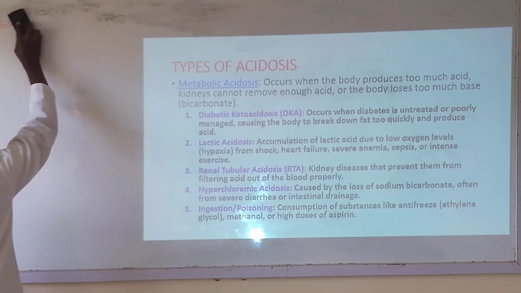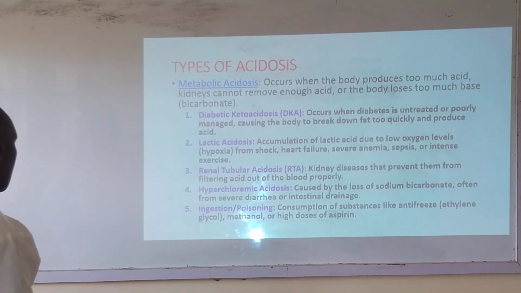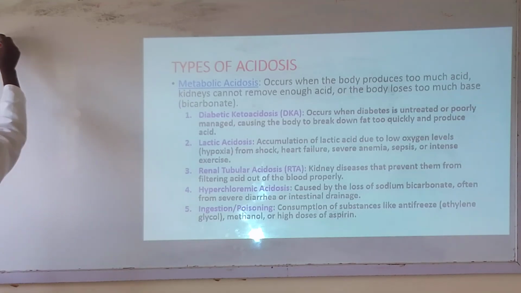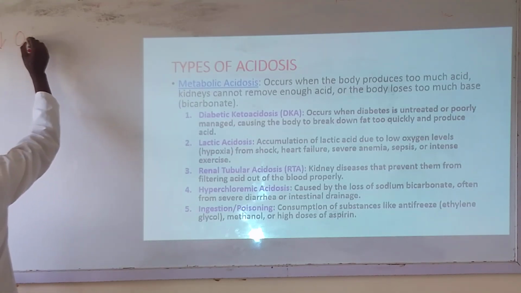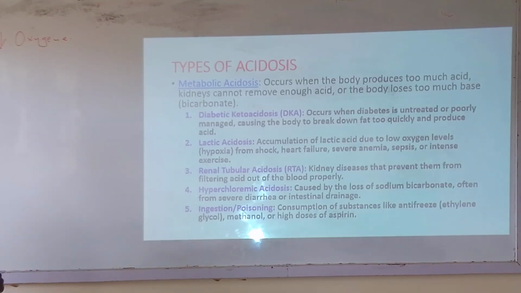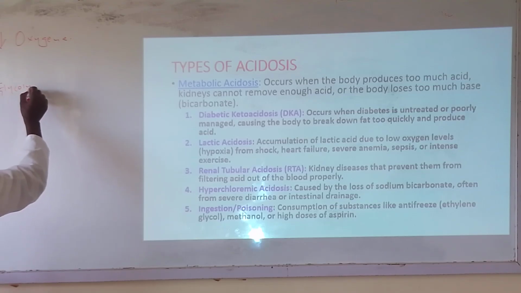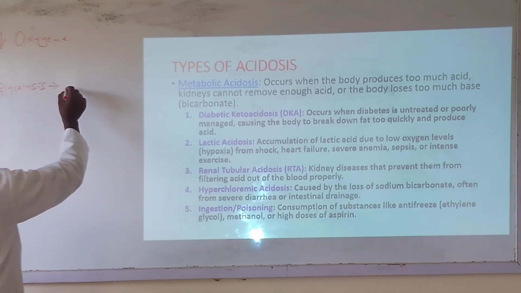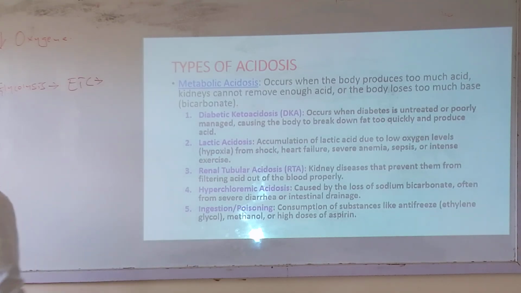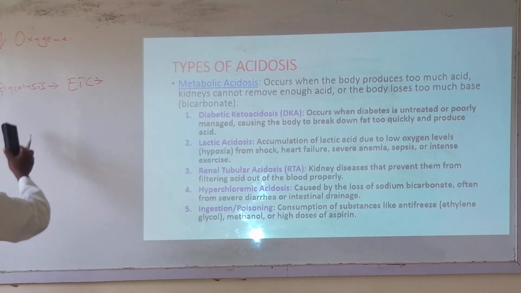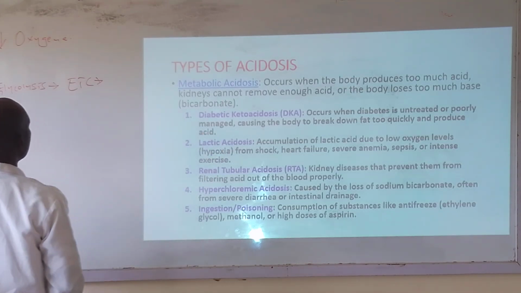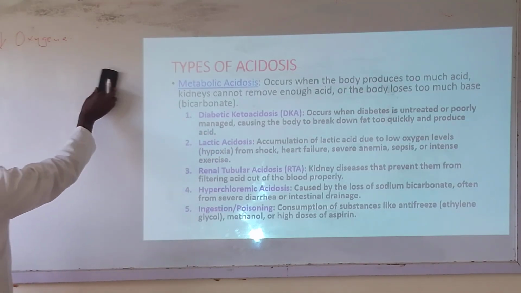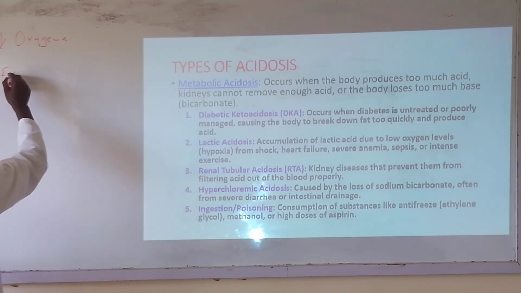What happens in lactic acidosis is that there is low oxygen. In the process of production of energy, we call it glycolysis, and there's also the issue of ETC, the electron transfer process. So in lactic acidosis, these people are having an extraneous activity.